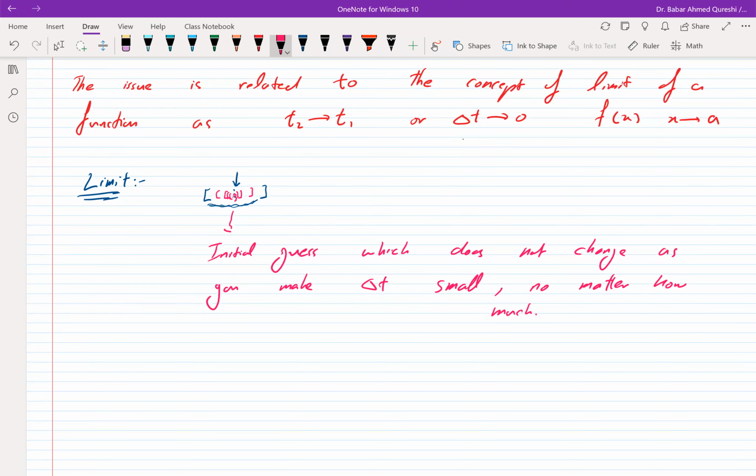Then you will say that you have defined something which is reasonable, which everyone will agree upon. So if this limit exists, or this limit can be taken, then you have defined a speed at a point.